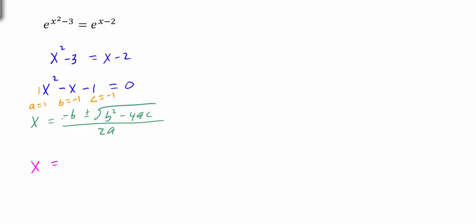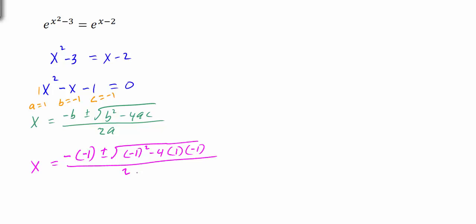So if we plug these values in for a, b, and c, we would have negative b, so that means we'd have a negative 1 plus or minus the square root of negative 1 squared minus 4 times a, which is 1, multiplied by c, which is a negative 1, and this is all over 2 times a, so that would be 2 times 1.